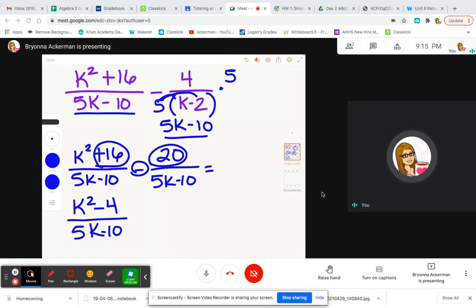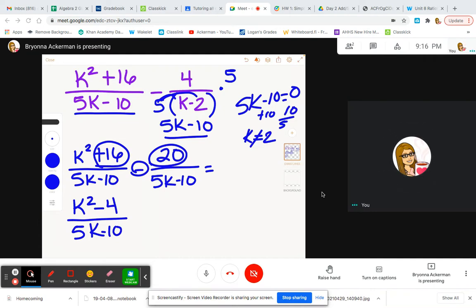From there, we can try to factor or take out greatest common factors, because we've now done the subtraction process. This is also where you might want to look for the restrictions, before you do anything else. If we set that denominator equal to 0, we add 10 and then divide by 5, and so k cannot equal 2, because if k equaled 2, we would have a 0 in the denominator.